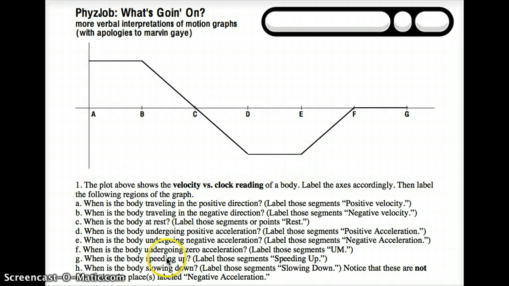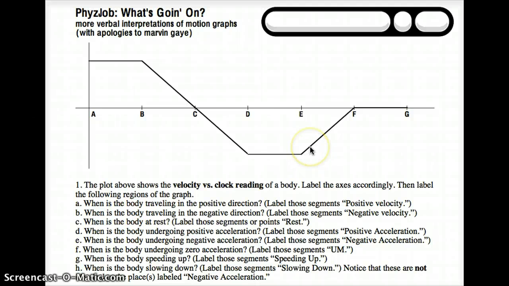When is the body speeding up? This kind of got me confused at the beginning, but when you think about it, it makes sense. At this point in the graph, the body changes its direction. So at this point in time, it's going in the negative direction.